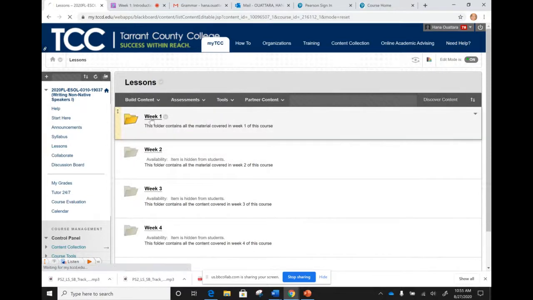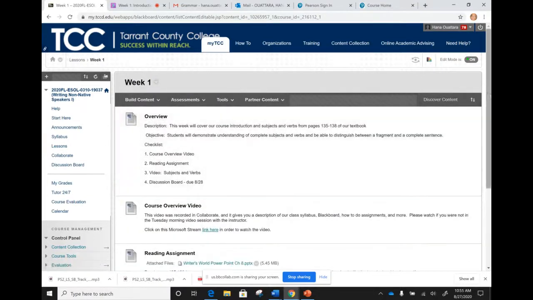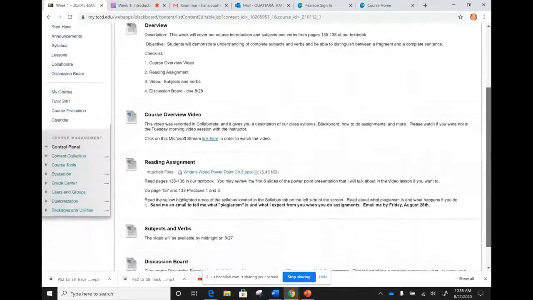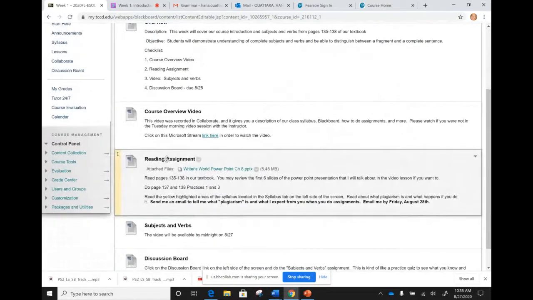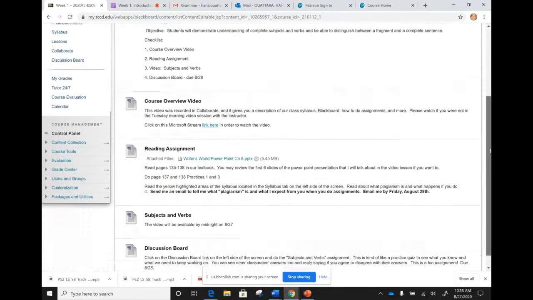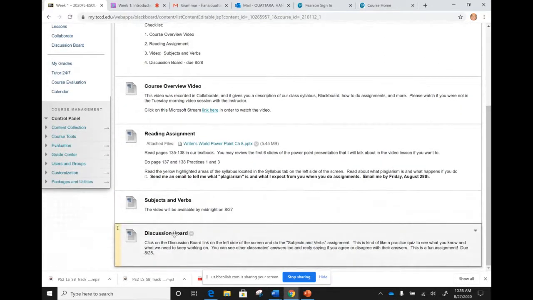Remember, we said that in week 1. And I want you to look in this folder. This reading assignment tells you the homework, okay? And then down at the bottom, the discussion board, it tells you what to do, okay?